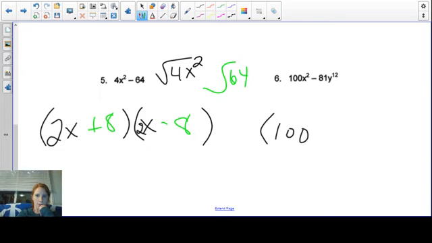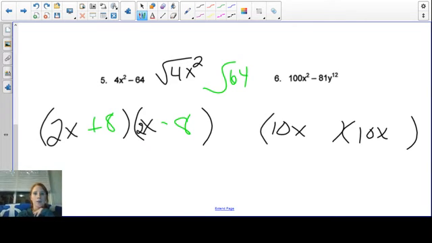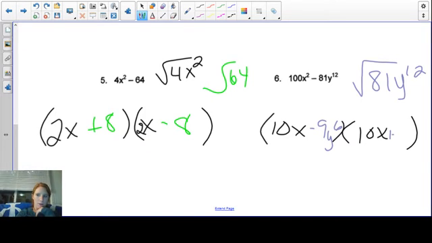The square root of 100 is 10, so 10x and 10x. And then I'm going to take the square root of 81y to the 12th. So minus 9y to the 6th and plus 9y to the 6th.